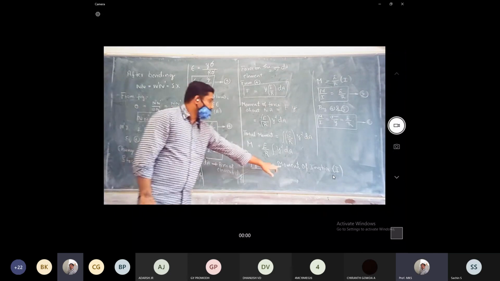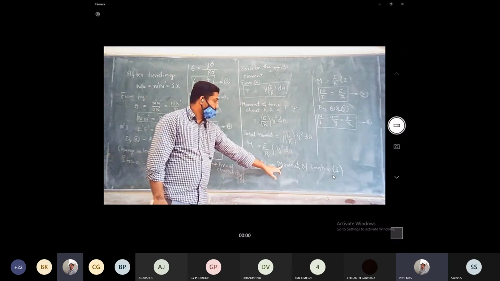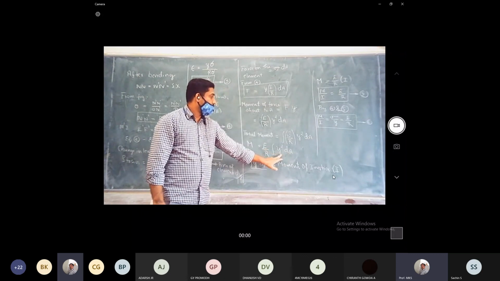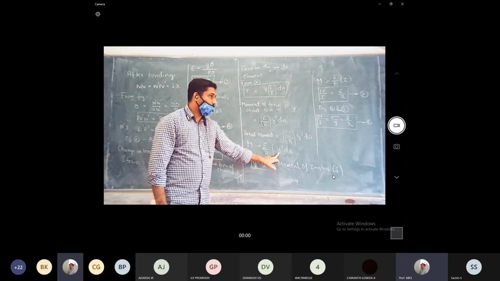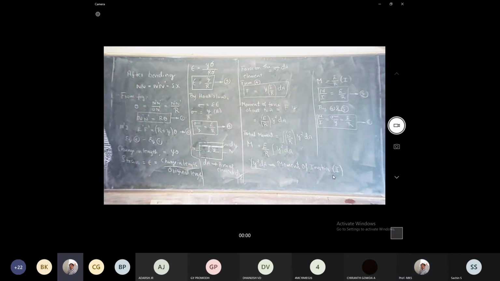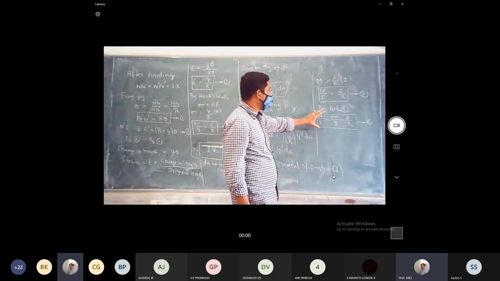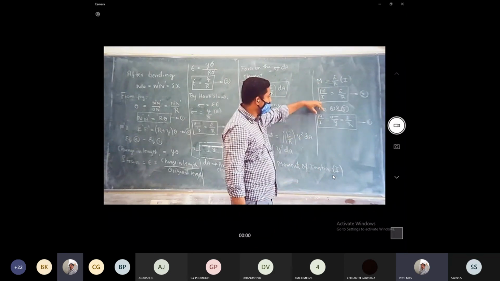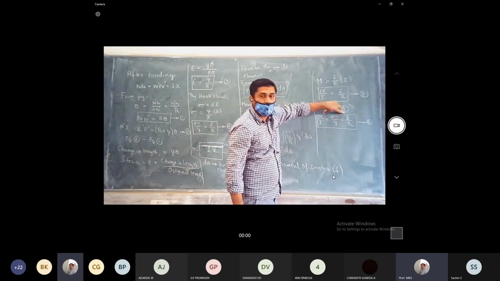Its unit is mm to the power of 4 or meter to the power of 4, since it is y square dA, and dA is meter square. This is the derivation. It has been asked in almost all the papers, and for problems on this, you need to remember this equation. Either you will be using any of these combinations, these two or these two.